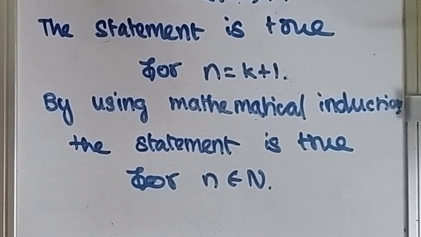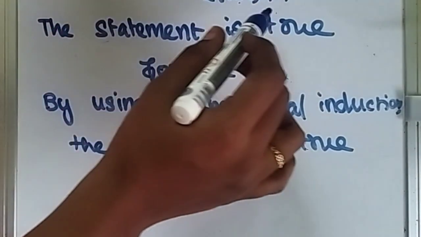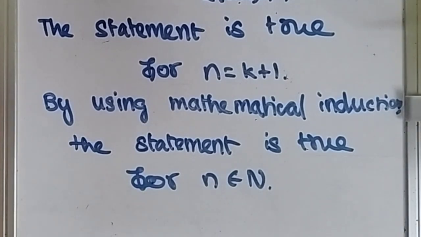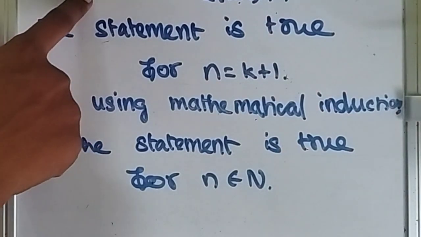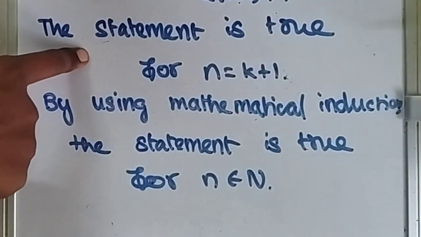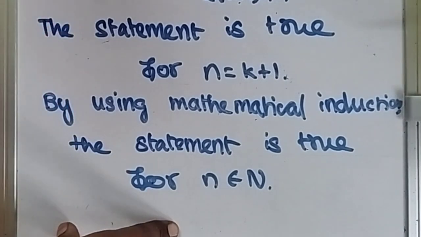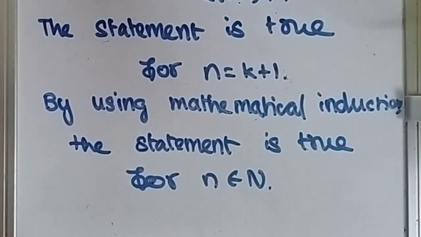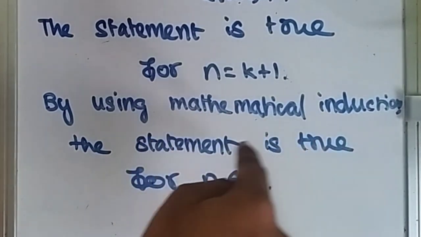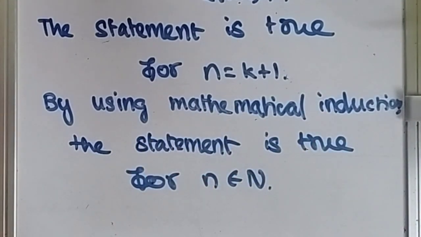We add it to both sides, simplify the right-hand side, and finally check this p of k plus 1, which is similar to the given equation p of n, which is n divided by 2n plus 1, right? While comparing that equation to this equation, we can say that the statement is true for n equals k plus 1. So finally, comparing all those three steps, we can say that by using mathematical induction, this statement is true for all n belonging to natural numbers. Clear? Thank you guys.